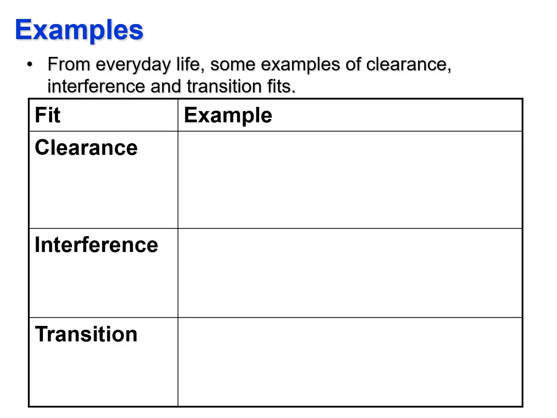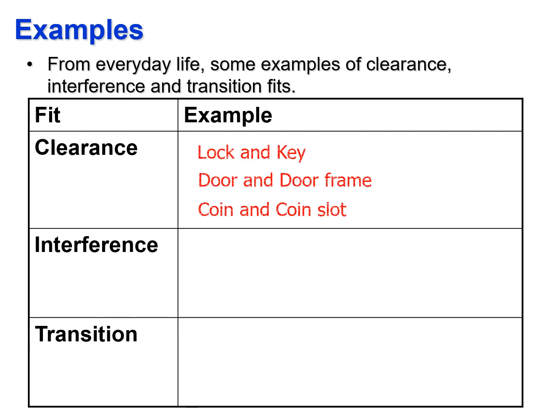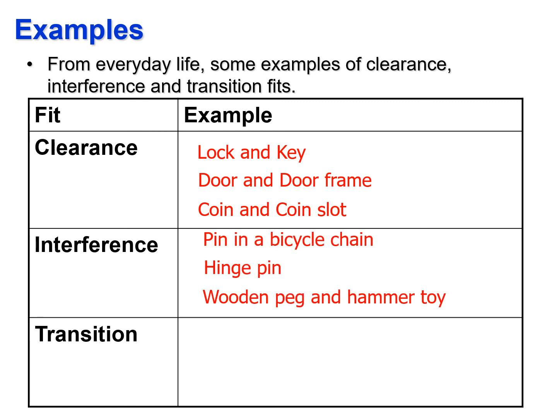So what are some examples of these fits? You can relate them to your daily life. Clearance fit examples are your lock and key, your door inside a door frame, and the coin. If you have played video games, the coin that you put in a slot is an example of a clearance fit. Interference fit examples are the pin in a bicycle chain, the hinge pin, and the wooden pegs and a hammer toy.